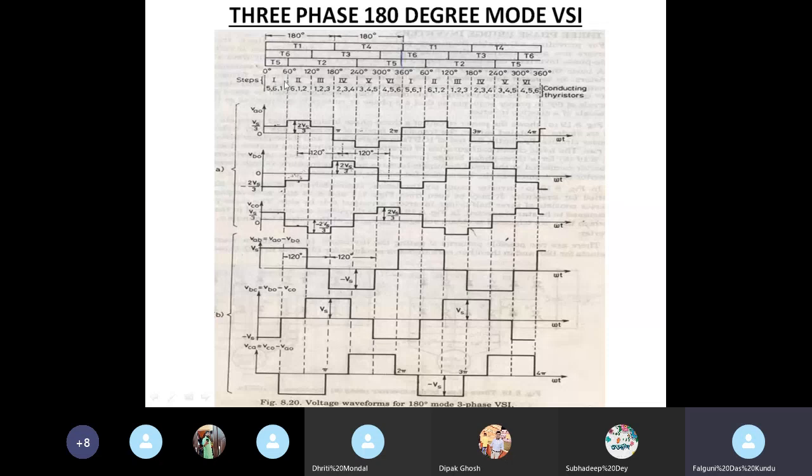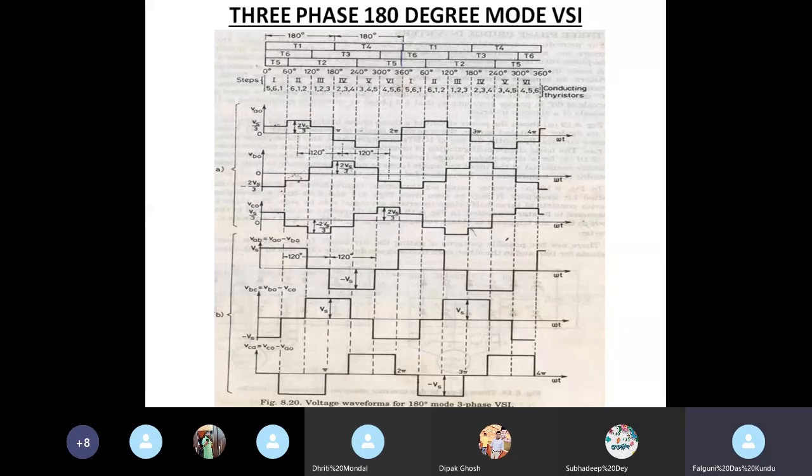So what are the steps? In the region 0 to 60 degrees, transistors 5, 6, 1 are operated. During 60 to 120 degrees, 6, 1, 2 are operated. During 120 to 180 degrees, 1, 2, 3 are operated.